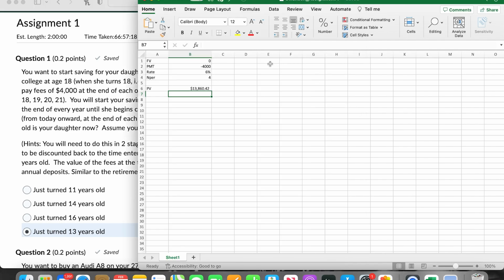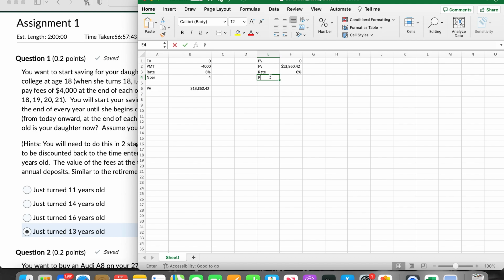And so we're going to look. So we now have our PV value, which is 0. Our FV value, so our final value, is this PV number, $13,860.42. Our rate will remain the same at 6%.